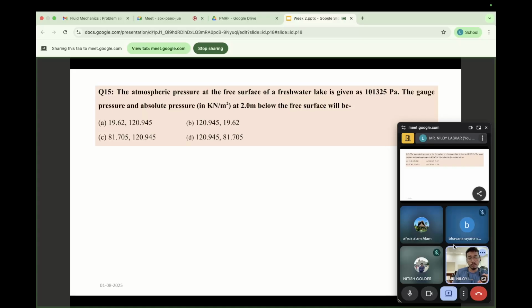For most questions, please try to draw a schematic, as that will help clarify the concept. After that, if you still find any problem related to concepts or numericals, you can mail me. I will definitely help you. Okay, any more queries?